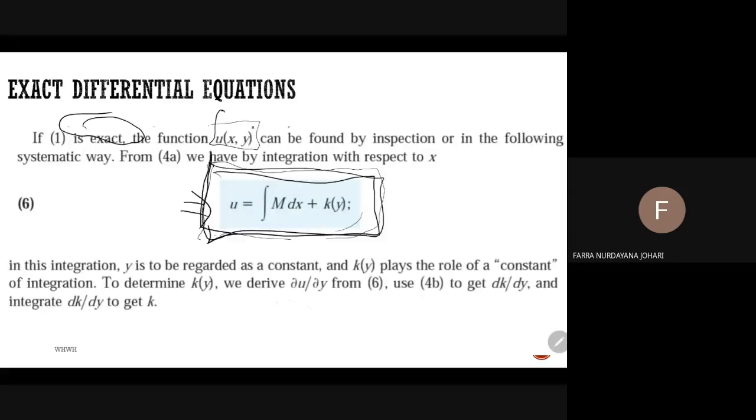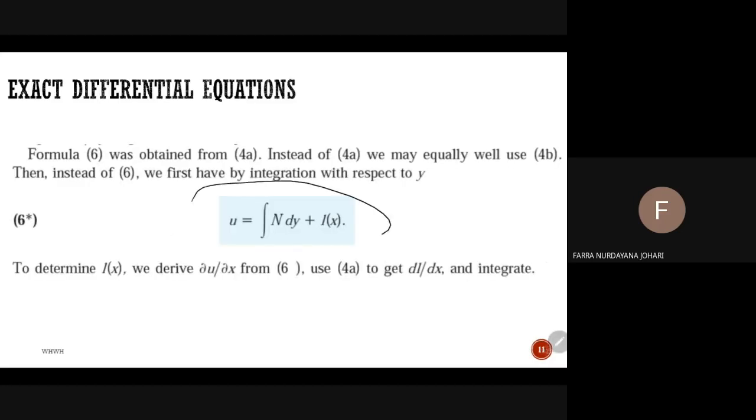There are two ways to solve for the solution of an ODE using the exact method. We will reserve this for our next asynchronous class next week.